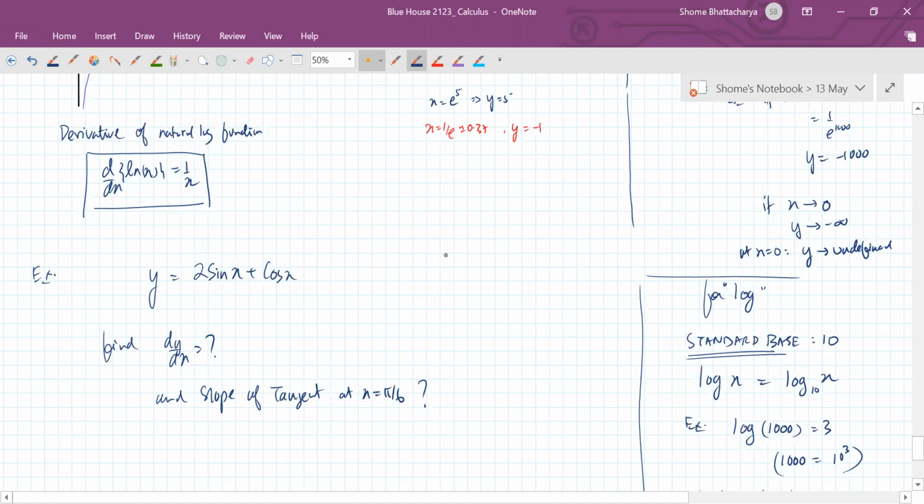All we have to do is use the formulae for the derivatives of sine and cos, and then substitute the value pi by 6 for the slope of the tangent.